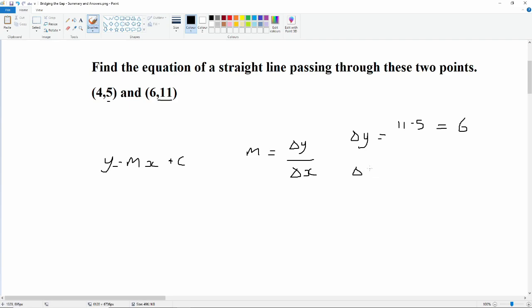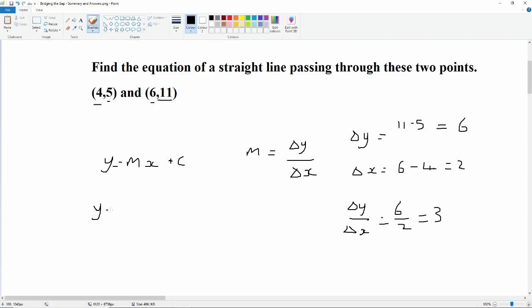And now delta x is equal to 6 minus 4, because it's going from 4 to 6. And that's equal to 2. So delta y over delta x is equal to 6 over 2, which is equal to 3.